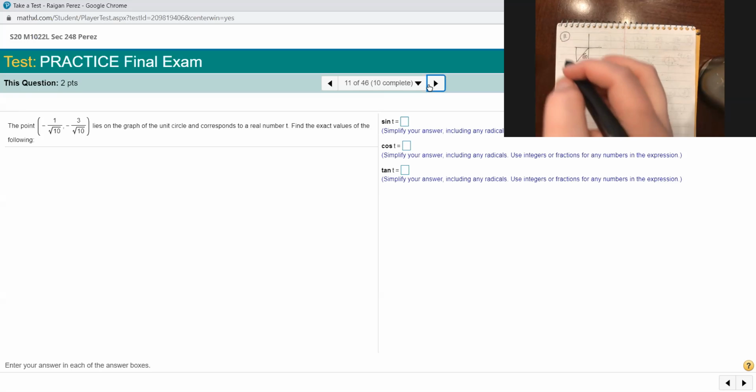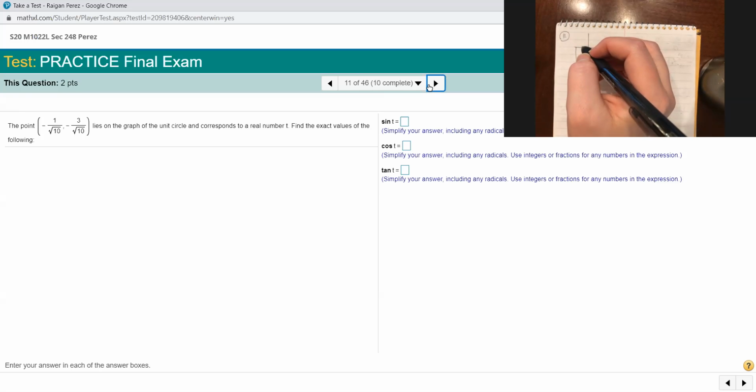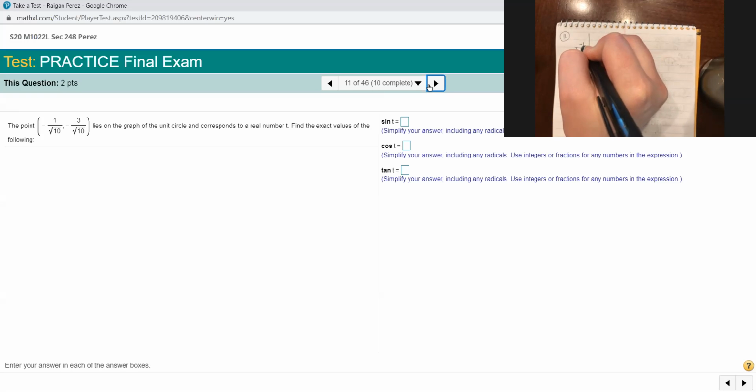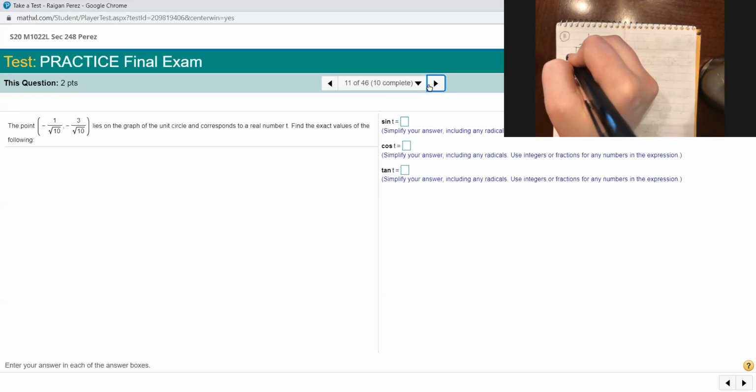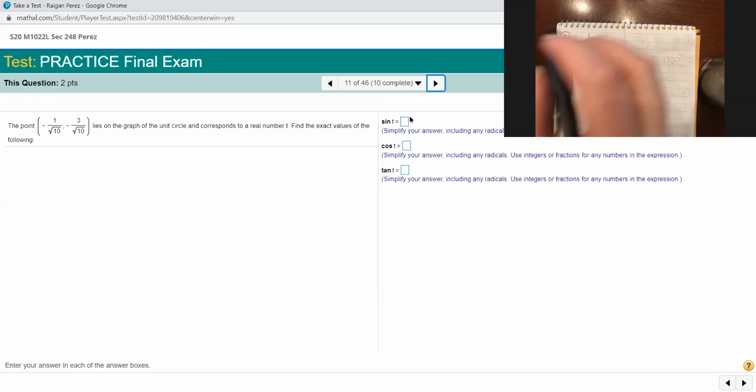So your x, what did I just say? X goes with cosine. So cosine is adjacent. -1 and y goes with sine. This one would be negative. Oh, well, I mean, you didn't really need to draw that, okay?